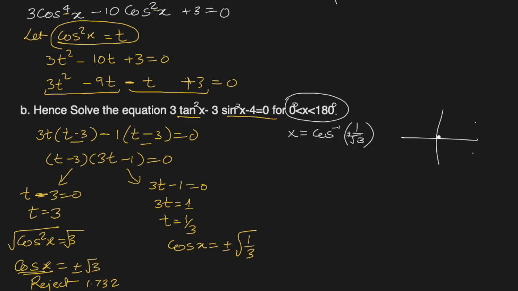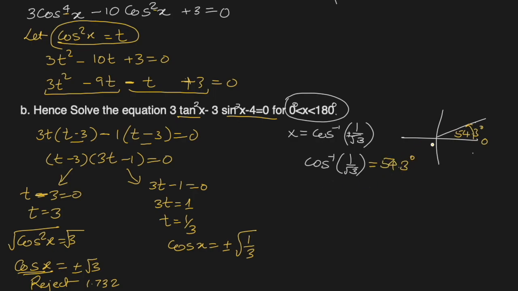That means we'll have to just draw this one for positive. So we'll see what is cos inverse 1 over square root 3, 54.3 degrees.